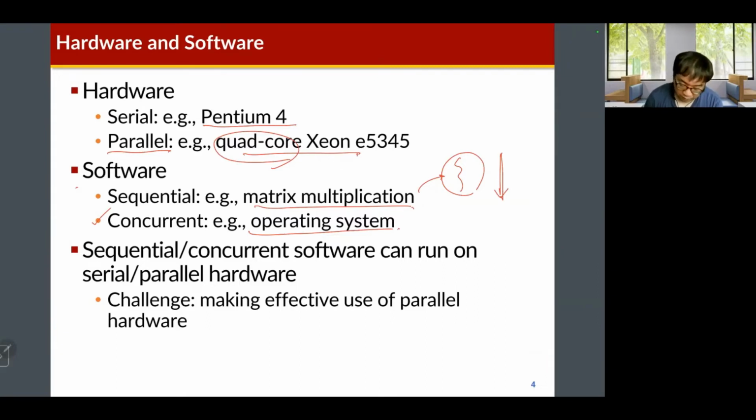But the challenges are these. Those are some commercial, very simple general purpose applications. But if we focus on scientific applications, for example neural network applications or AI applications, then parallel algorithms are very, very critical.